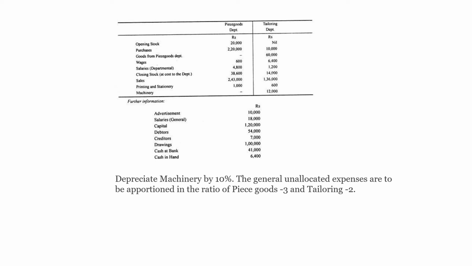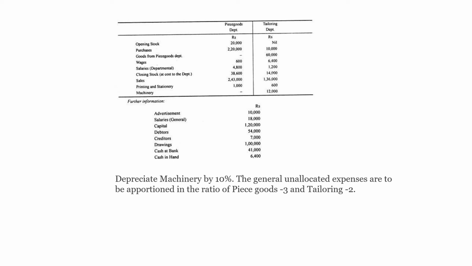So to goods from piece goods department, that will appear in the tailoring department, 60,000, and in the credit side by goods from piece goods department, you will mention it as a sale, that is 60,000 under the piece goods department. Then to wages 664, then by closing stock 38,600 and 14,000, then by sales 2,43,000 and 1,36,000 directly.